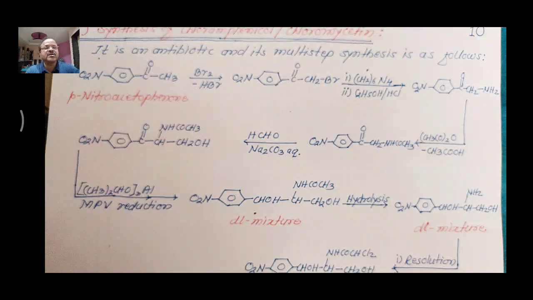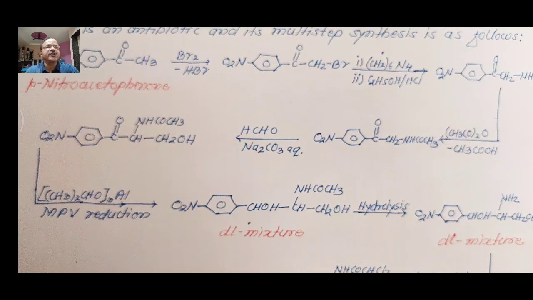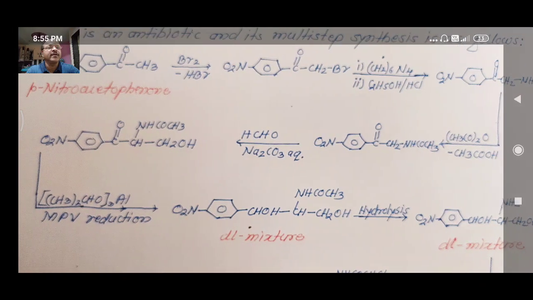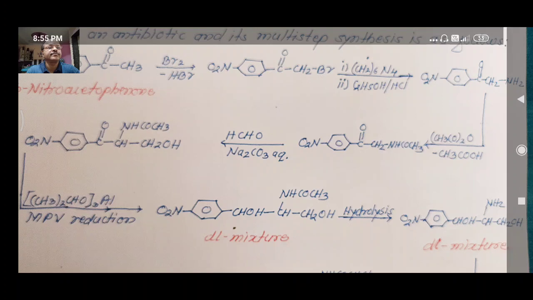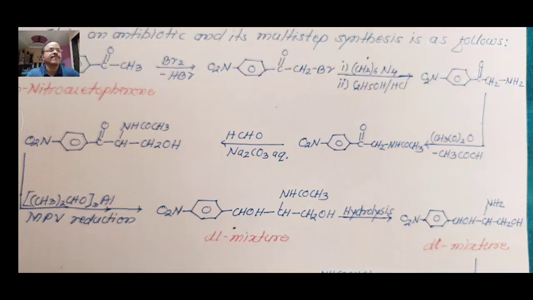Now this on reaction with urotropin, that is (CH2)6N4, followed by esterification, we get the amino compound. So that COCH2Br is ultimately converted into NH2.